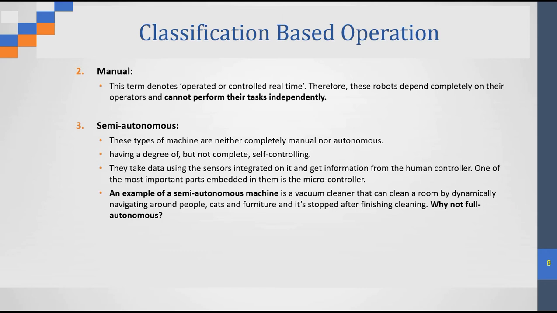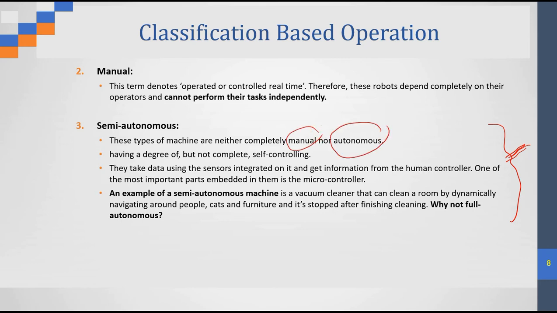Manual system means everything is done not independently. Everything is based on instructions from a human or from other devices. So this is manual. The other one, the most common one, is semi-autonomous. This kind of machine is neither manual nor autonomous.